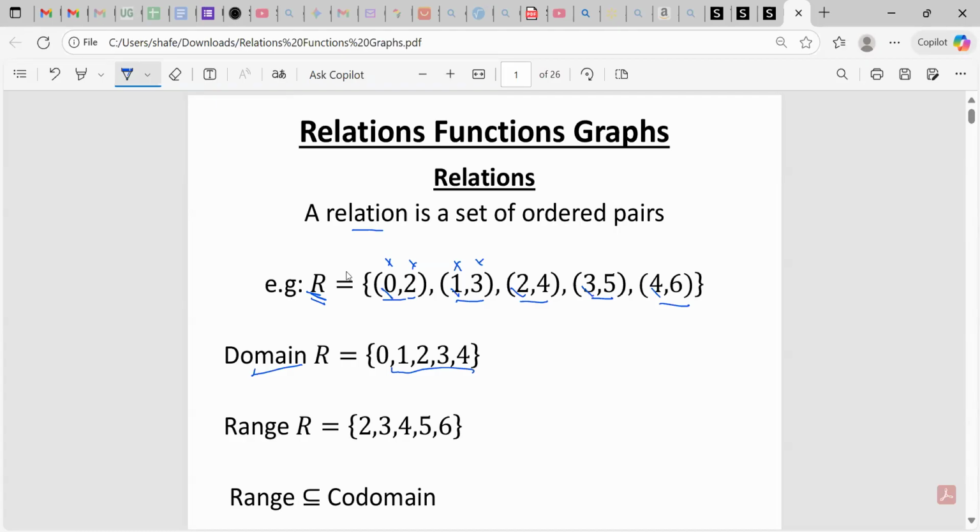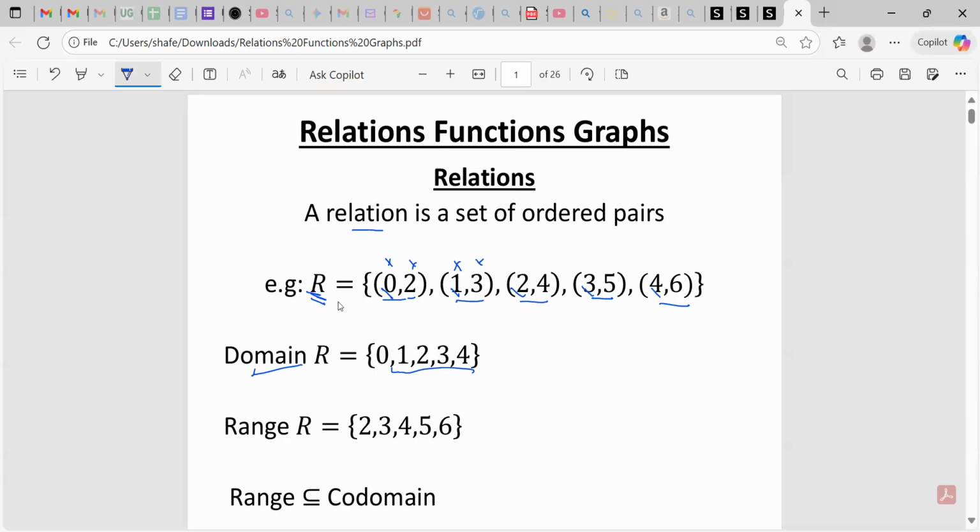A set you usually denote by a capital letter. I just use R because I think of relation starting with R. But you don't have to use that. You can use all kinds of letters, especially when you're dealing with several relations. You have to find a different letter every time, you can't call them all R, right?